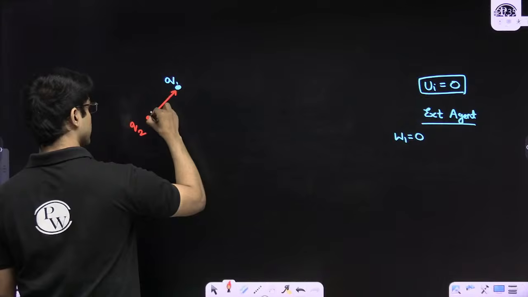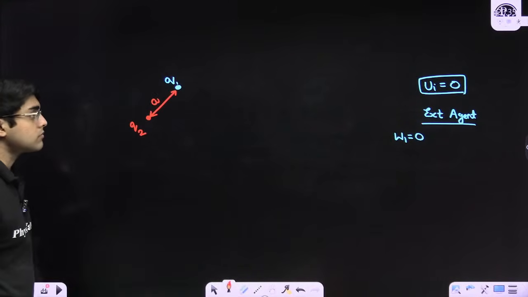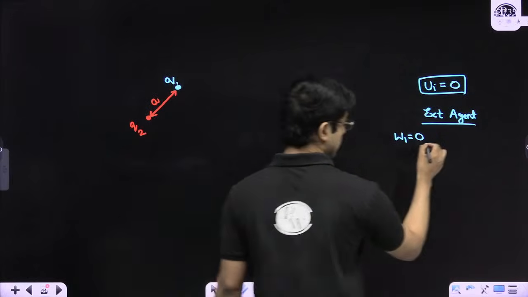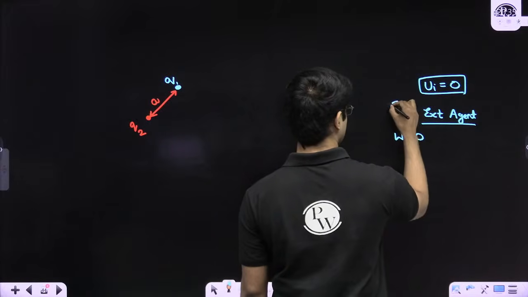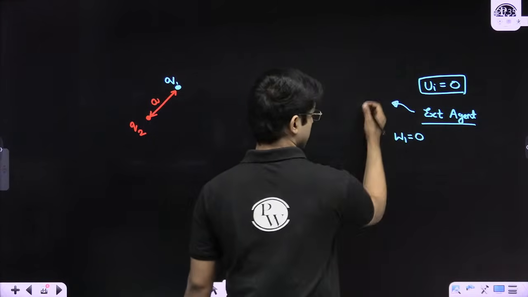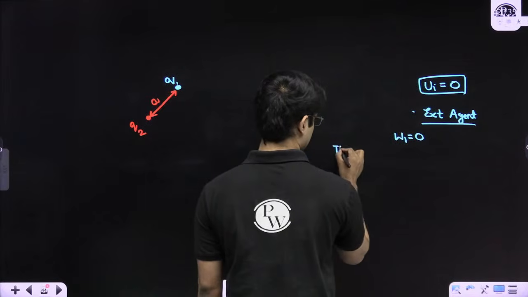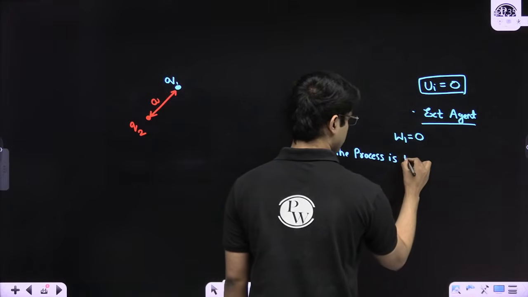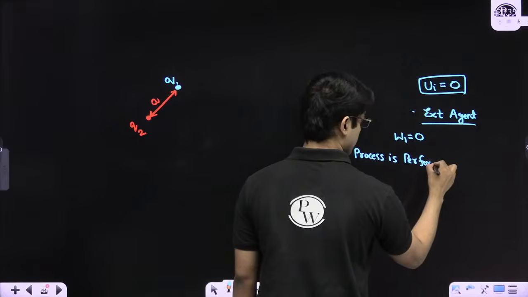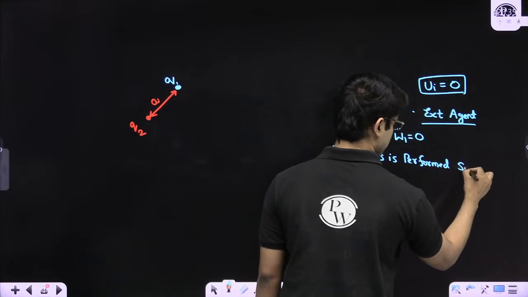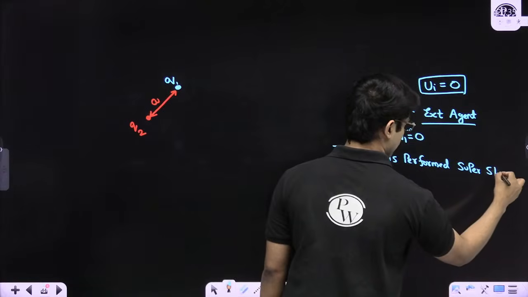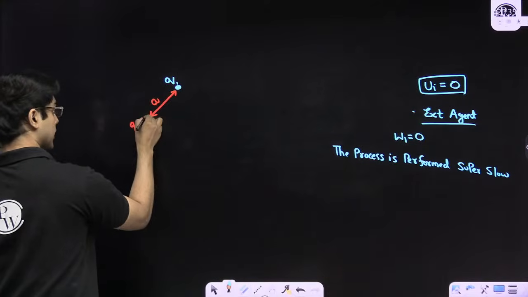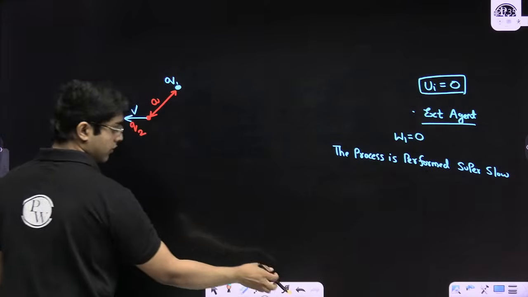The distance between Q1 and Q2 is A. Another important thing is this process is performed super slow. It's not like we are accelerating the charge Q2 and bringing it here with some speed. No. We are bringing it very slowly.